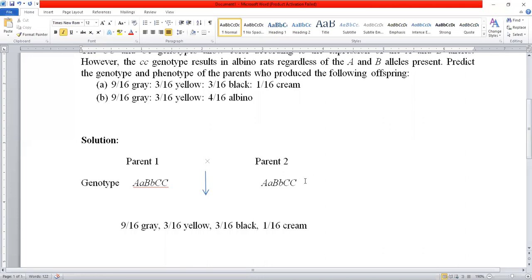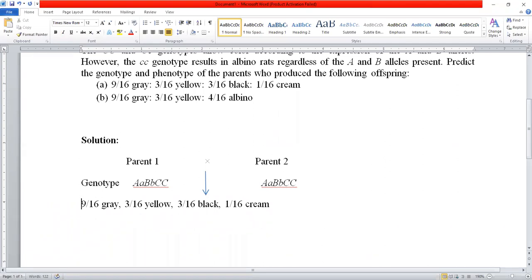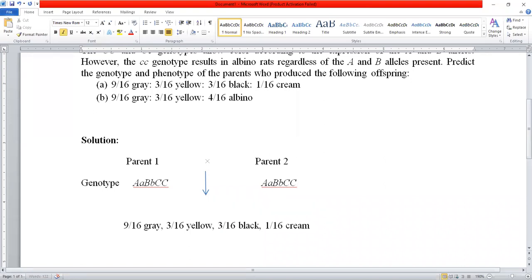So the next step is, we can write the phenotype of these two parents.